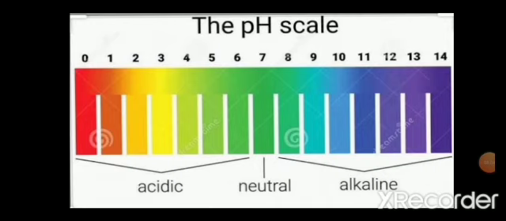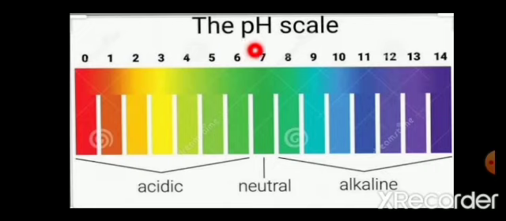Third important factor that affects the rate of enzyme action is pH. But before moving towards pH, here we have the pH scale that is necessary to understand. What is the pH scale?